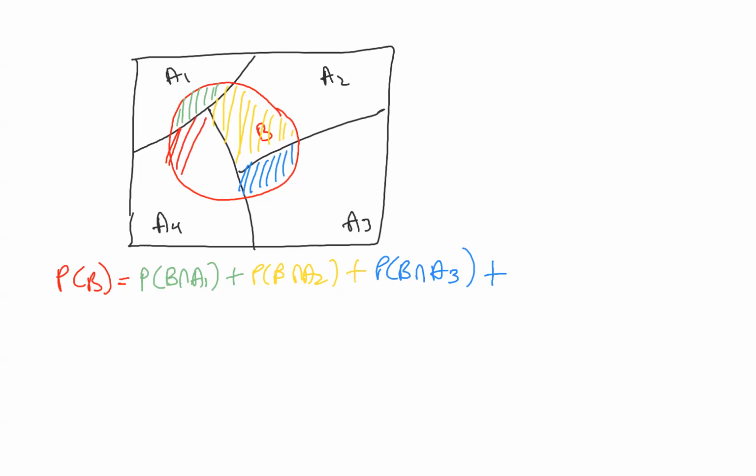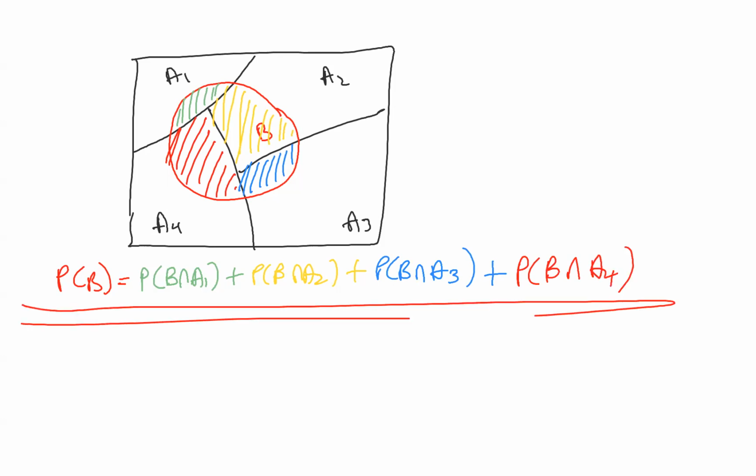So plus the probability of B intersection A4. This is what we call the law of total probability. All right. Here I used an illustration involving 4 events, A1, A2, A3, and A4. It may involve any number of events.